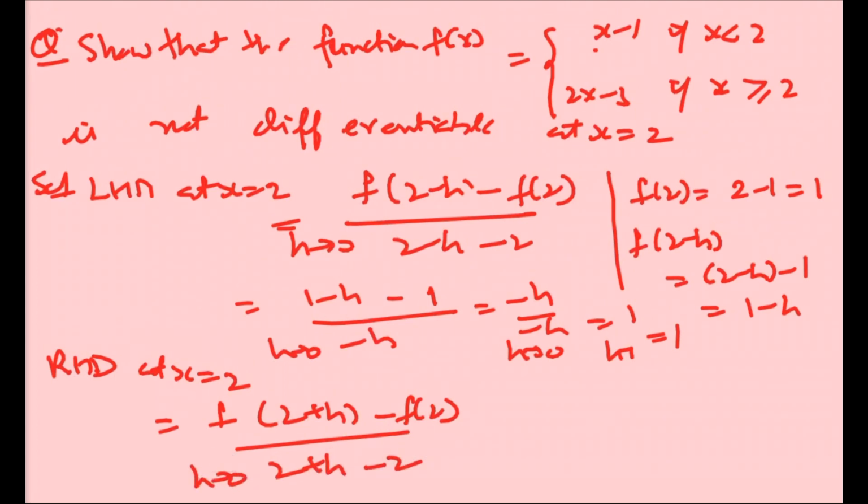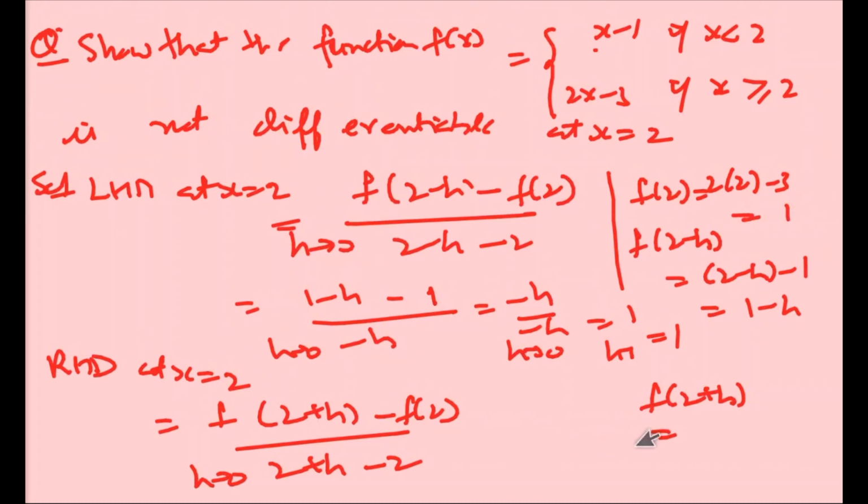Okay, so we have to find f(2 plus h). 2 plus h is greater than 2, so we use this function. Here f(2) we take from this one, so f(2) is 2 into 2 minus 3 equal to 1.